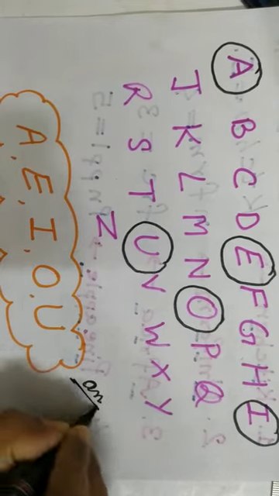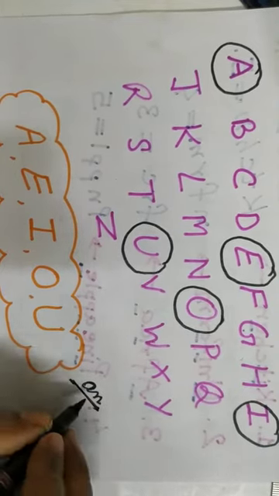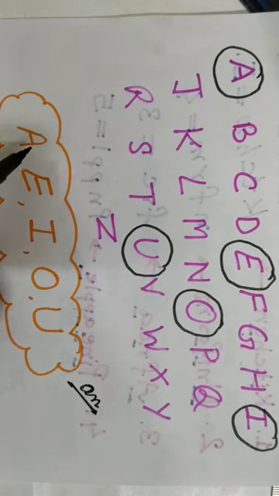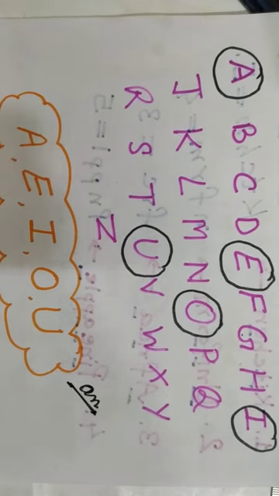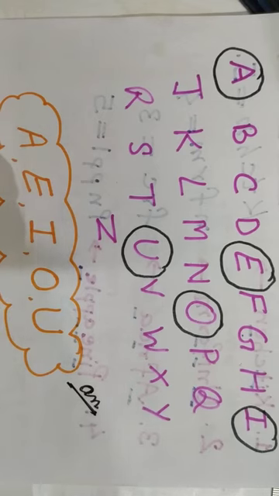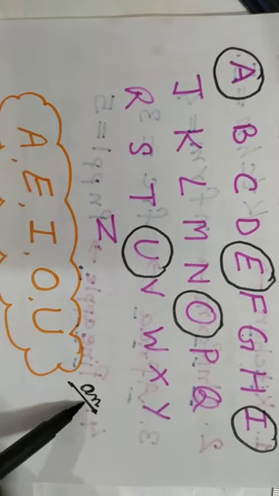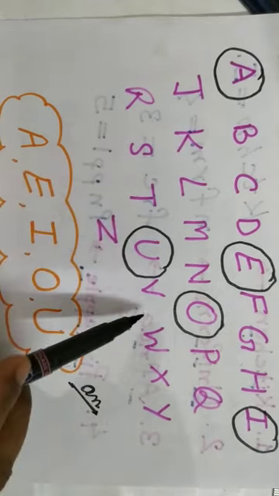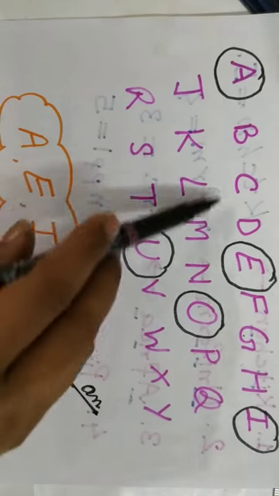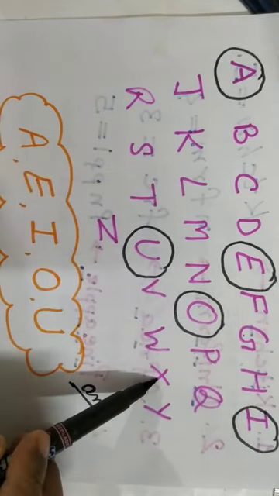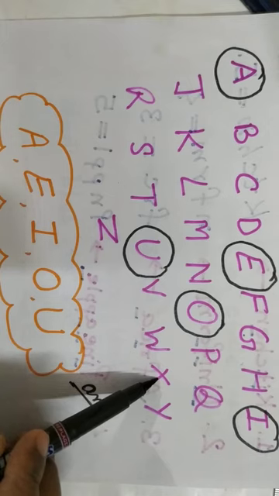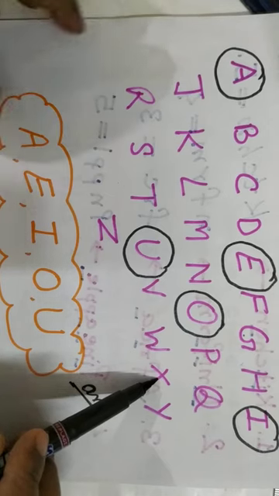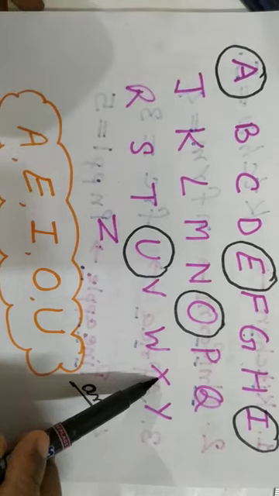If any word starts with A or E or I, O, U, then we use an before it. उसके अलावा B, C, D इन ये सब जो कॉन्सोनेंट्स हैं इससे अगर स्टार्ट होता है कोई वर्ड तो उसके पहले A यूज़ करते हैं. That you all know. So let's start the exercises.